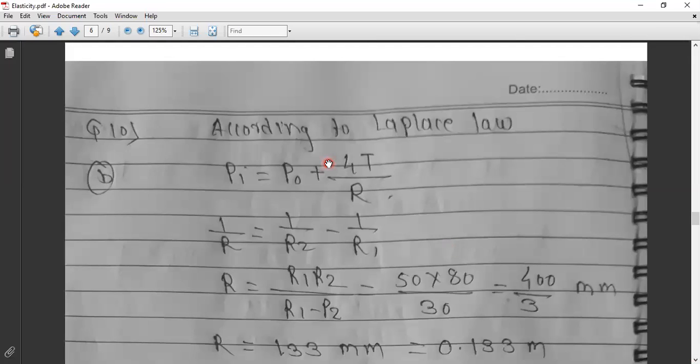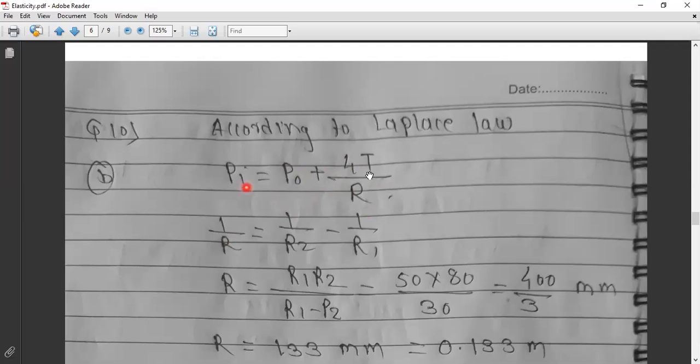In question number 10, two soap bubbles are there. One of radius 50 millimeter and the second one is 80 millimeter. They are brought in contact at the common interface. Then the radius of curvature of the common interface is, use this Laplace law, Pi is equal to P naught plus 4T upon R. This 4 is due to the soap bubble.